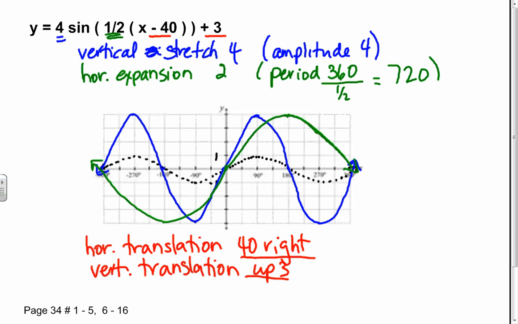So I'm taking my green curve, 40 to the right is a little bit awkward. It would have been nice if it was 45, but it's not quite a square to the right, and up 3 squares. So we're going to be right off of the grid for this thing. So I've just marked in those key points, not quite a square to the right and up 3, and I will have the curve right through my writing. There we are. I have some for you to try, page 34.